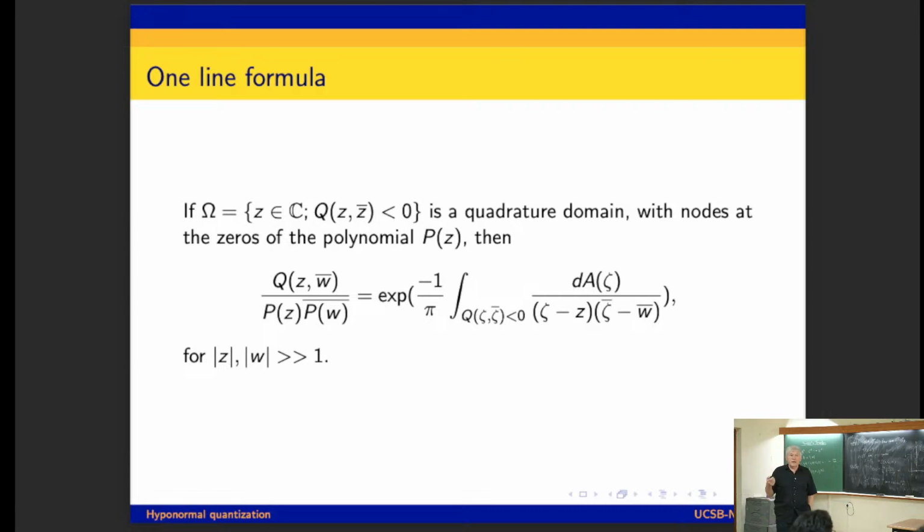And everything I wanted to put in one line formula. Here is everything that is essential here. You have a quadrature domain defined by this polynomial, special, as you saw. The double Cauchy transform under the exponential brings back the polynomial and the quadrature nodes.